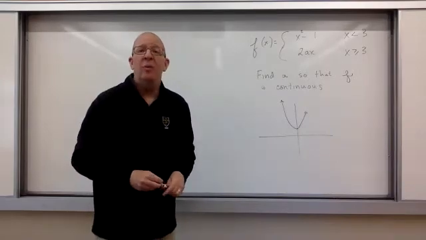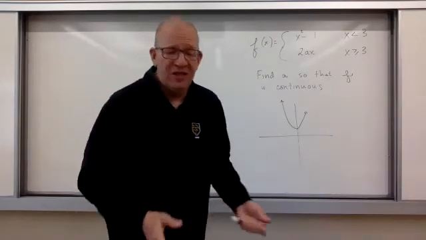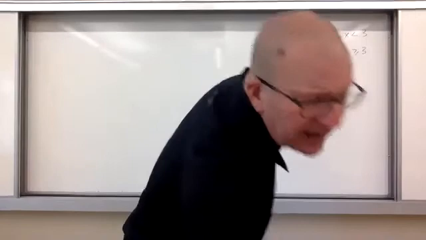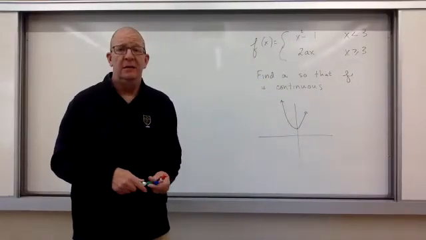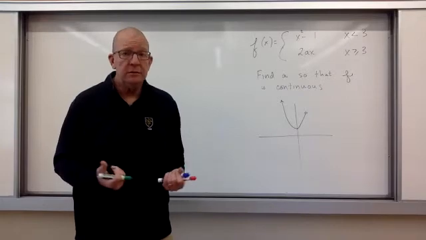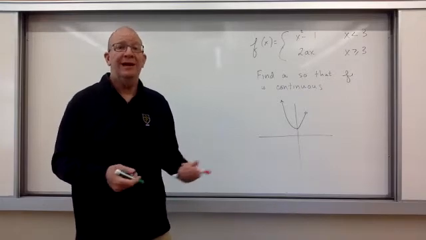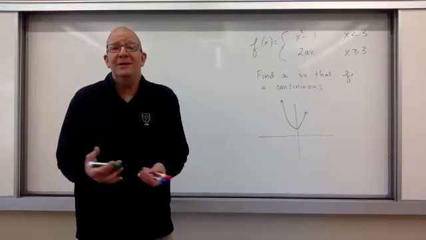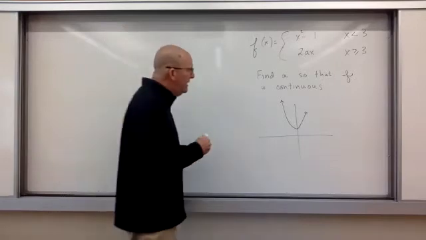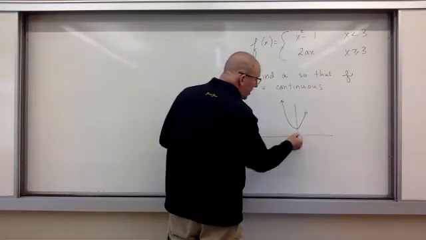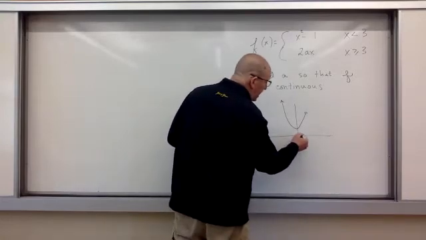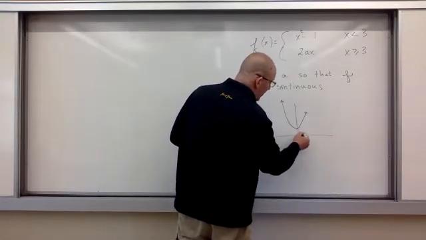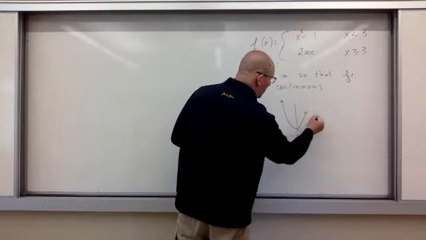Now, here's what we have. We have the line 2ax. Now, I don't know what that means. It could be 2x. It could be 2 times 3x. It could be 2 times a half x. I know that it's going to go through here at the origin, but it could come up like, could come out of here.